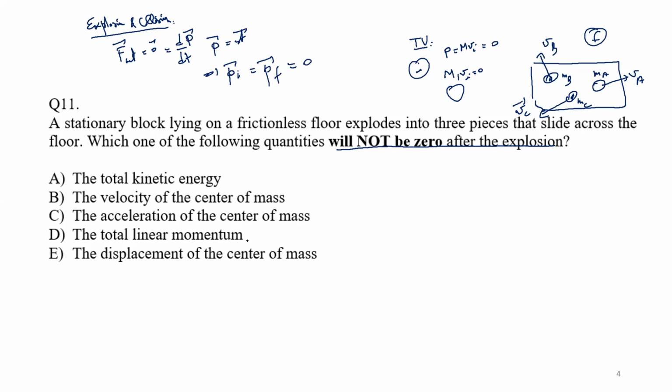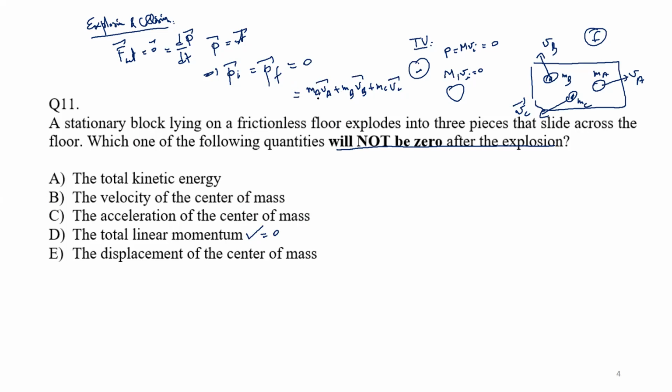So this one is 0, of course. This is correct. Now, what is the linear momentum after explosion? Of course, it is MA VA plus MB VB plus MC VC, and this should be equal to 0.